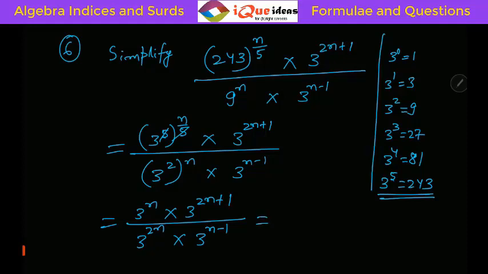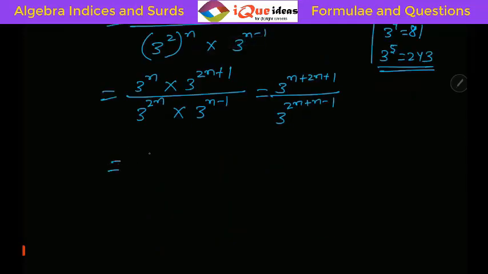So this becomes, in numerator all the powers will get added. So it is 3 to the power n plus 2n plus 1, divide by, in denominator again all the powers will get added, so 3 to the power 2n plus n minus 1. So this can be written as, in numerator 3 to the power 3n plus 1 and in denominator 3 to the power 3n minus 1.